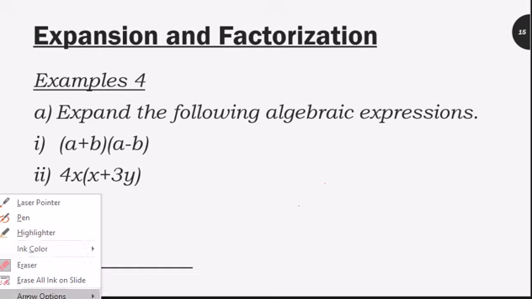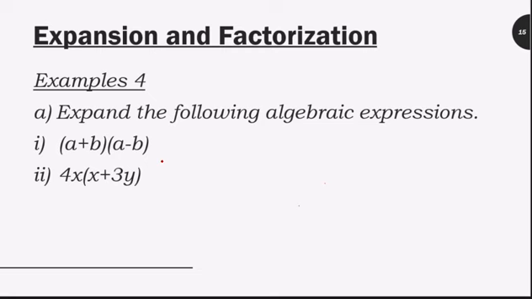4a, okay, a plus b, a minus b. What do you get? A squared minus 4ab. Okay, a plus b, a minus b. What do you do here? These two are factors.